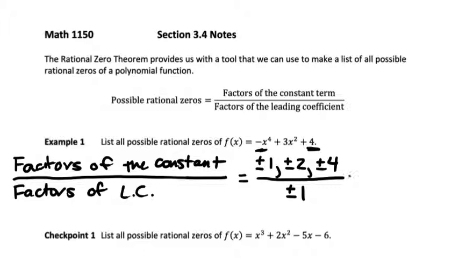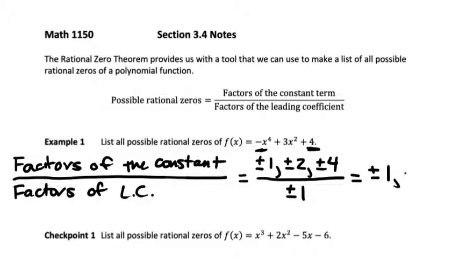So now we're going to go through and list all of the possible combinations. So we have plus or minus 1 over plus or minus 1. That could result in plus or minus 1. 1 divided by 1 is 1. And then depending on the signs we have, it could end up being positive or negative. We have plus or minus 2 over plus or minus 1.